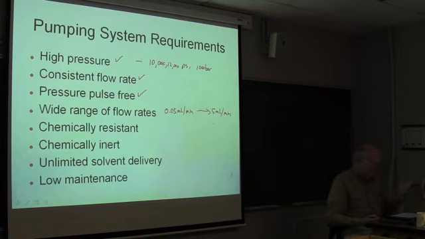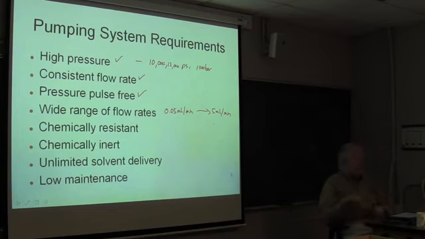You want the pumping system to be chemically inert. I wouldn't just say resistant. Sometimes you have to use acid mobile phases. You may want to use 10th molar strong acid, not chloride, because that will rot the heck out of any stainless steel, but nitric acid, for instance, or perchloric acid.